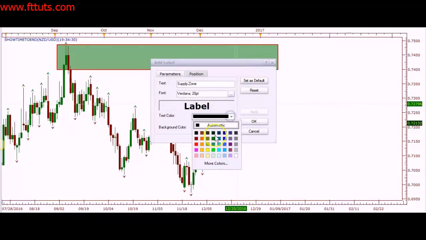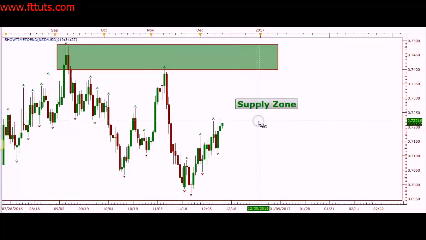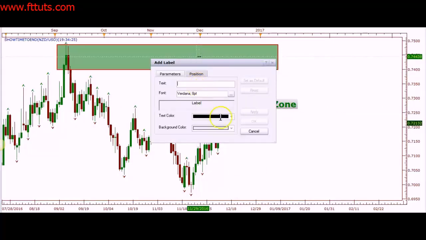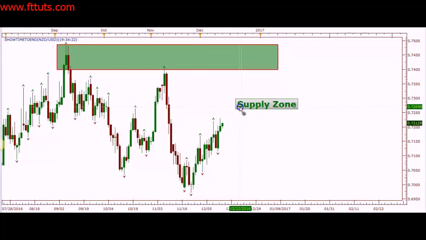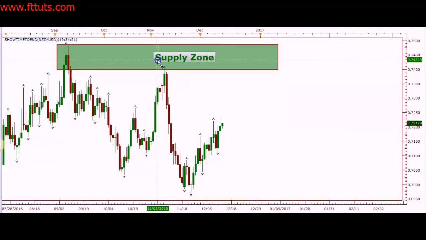And let's make it green. So that's our supply zone.